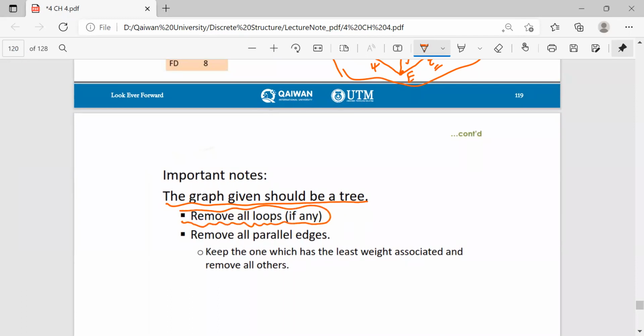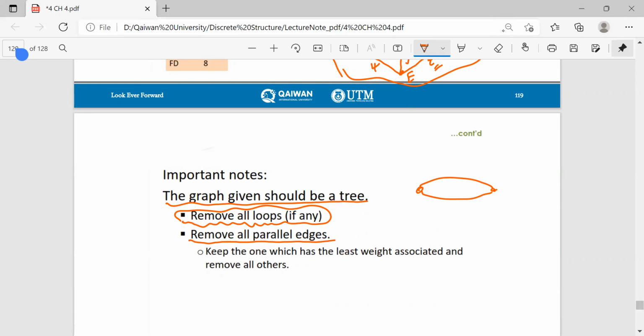Here, if we have any loop, we must remove it first. We must remove all the loops. Then we remove all the parallel edges. That means if we have 2 edges between 2 vertices, we must remove one of them.